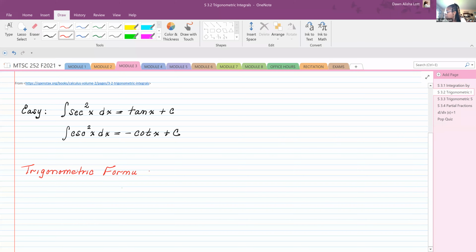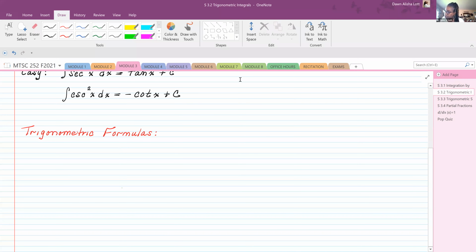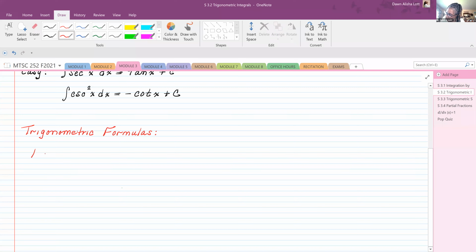You need to know these four trig formulas. The first one is that tangent squared x plus 1 is equal to secant squared x. And the second one is cotangent squared x plus 1 is equal to cosecant squared x. Okay, so we're going to need to know that.